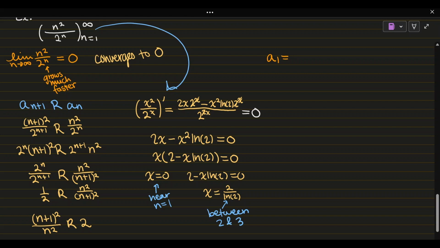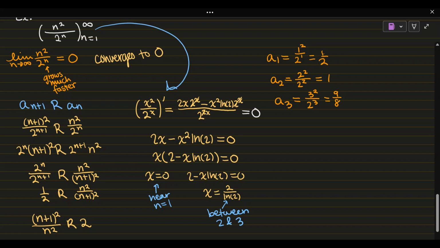a1 here is equal to 1 squared over 2 to the 1, which is 1/2. a2 is equal to 2 squared over 2 squared. That's just 1. And a3 is equal to 3 squared over 2 to the 3, which is 9 over 8.